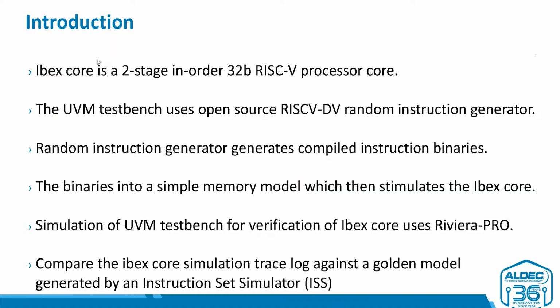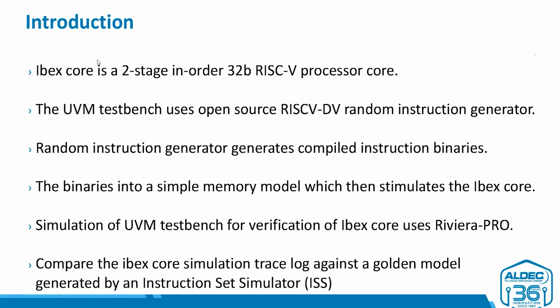In this presentation, we are going to be showcasing the simulation of the Ibex core, which is a two-stage in-order 32-bit RISC-V processor. It has been designed to be small and efficient, and this uses a UVM test bench, which uses the open source RISC-V-DV random instruction generator, which generates compiled instruction binaries.